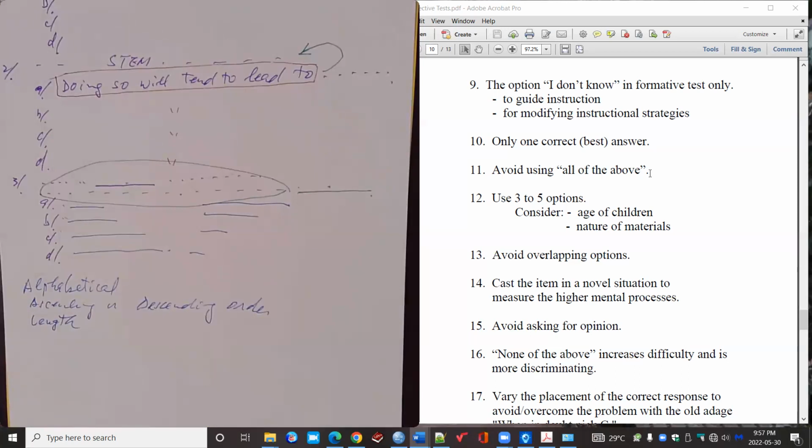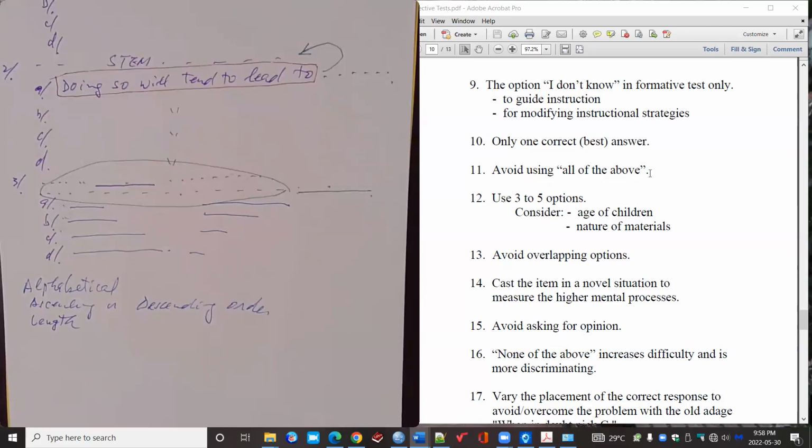Avoid using "all of the above," because if it is the correct answer, it makes the item a lot easier. Say A is correct, B is correct, and E is all of the above. Then you give the clue that C and D are the same as A and B, so it is easier. On the other hand, "none of the above" serves to lower guessing as well as make the item more difficult and more discriminating.